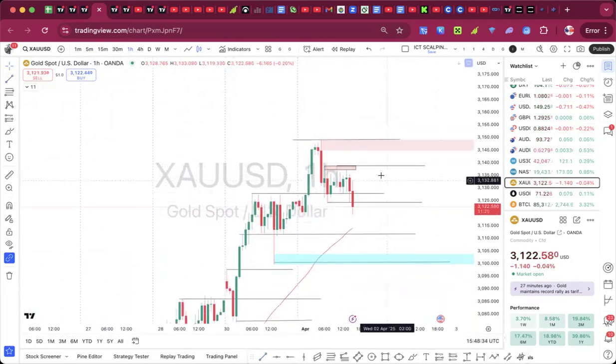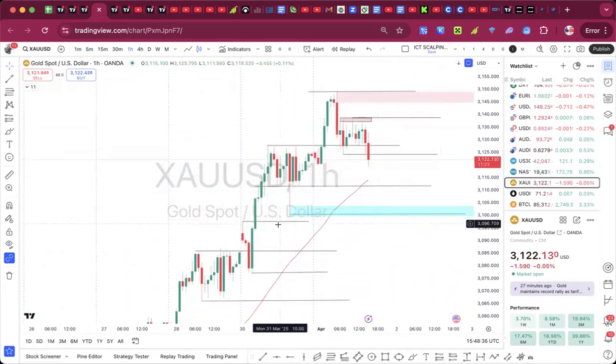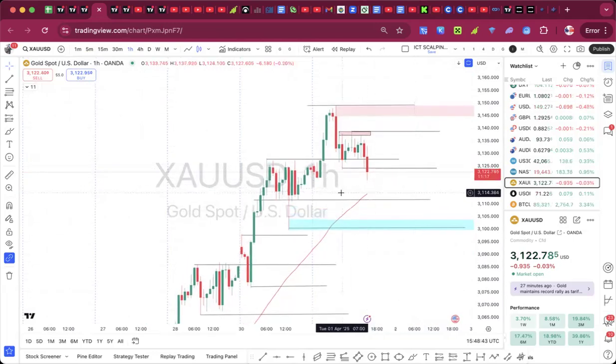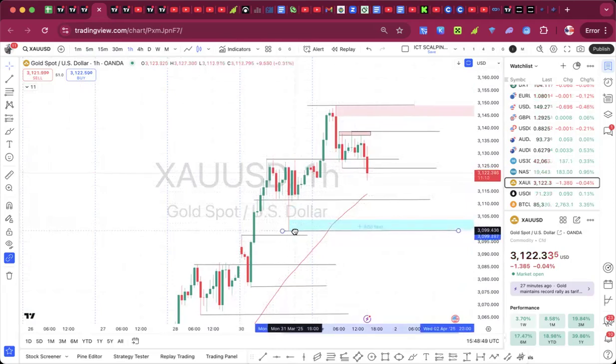Now, this is purely an uptrend. You understand that. This is the way we have been trading in previous days and all of that. Now, this is a high and this is a low, so we could find this guy here. So this is a high, this is a low, and this is a high.